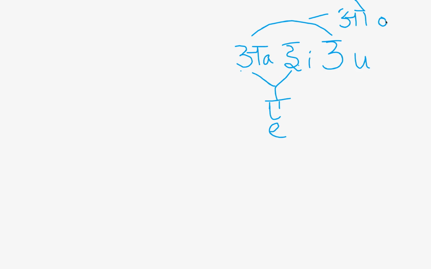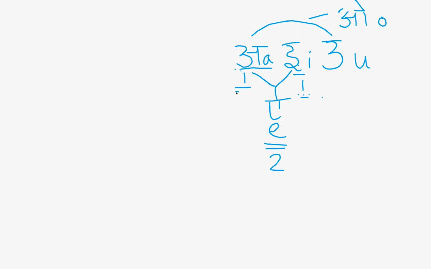Because we are combining short vowels. What is the timing of a short vowel? If it is independently pronounced, it is 1 matra. E is 1 matra. And because we are combining them, this has to be 2 matras. As we know, the 1 matra pronunciation is called hrasva, or short.